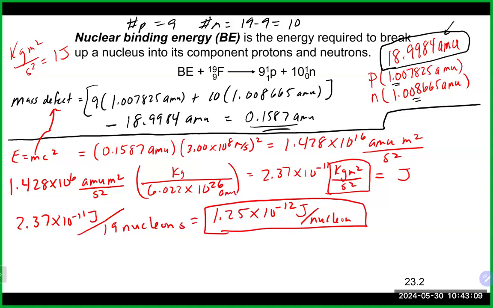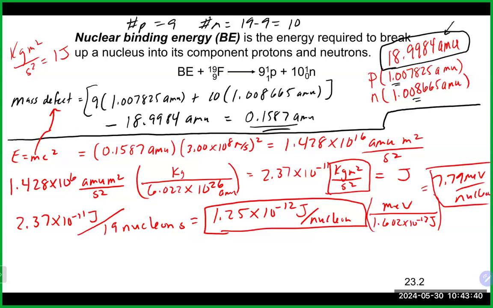Now, if we wanted mega electron volts per nucleon, we could use that conversion that we saw on the previous slide, which is 1.602 times 10 to the minus 13 joules is a mega electron volt. So we'll take that divided by 1.602 times 10 to the minus 13. That gives us something like 7.79 mega electron volts per nucleon, which is the other unit that is commonly used. First off, any questions on that calculation?